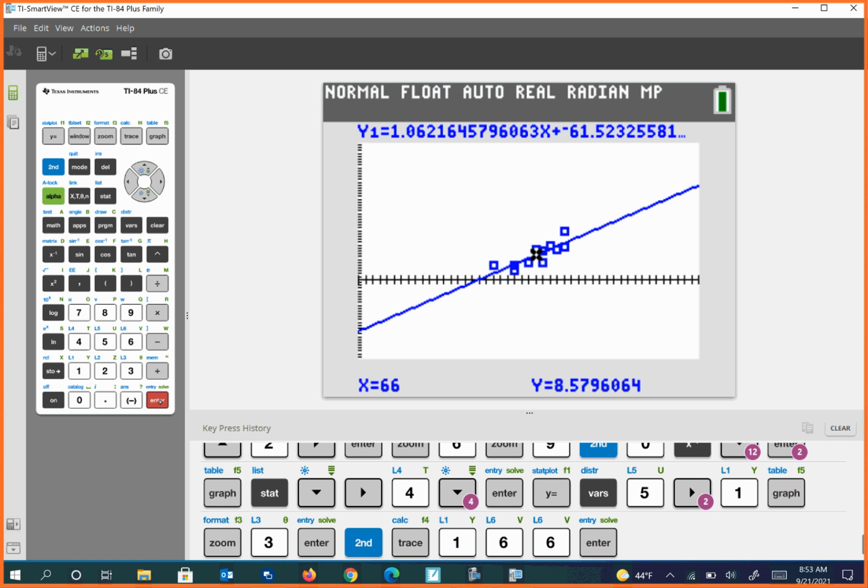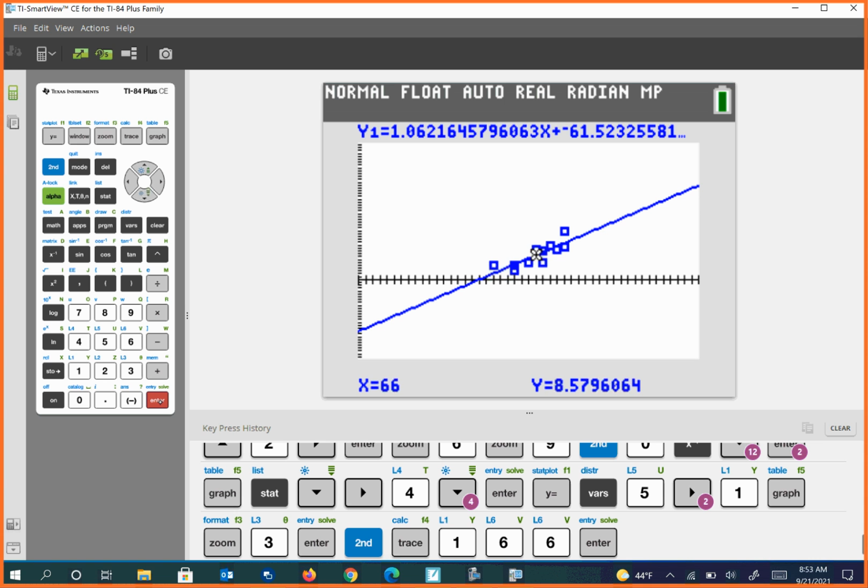But let's say we want to predict Shaquille O'Neal. Someone with a phone, tell me how tall Shaquille O'Neal is in inches. He's 7'1". 85?